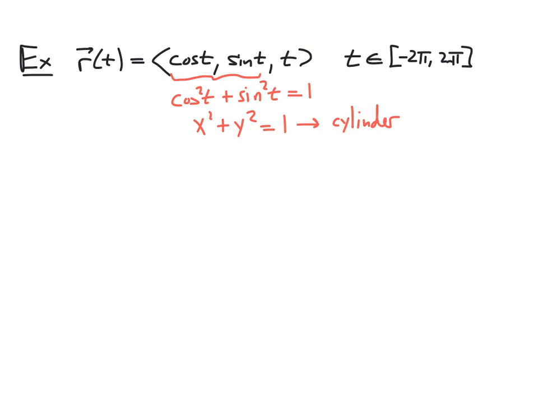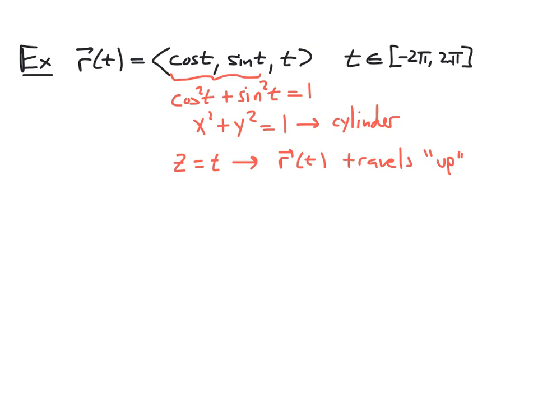And so the third coordinate, z equals t, what this tells us is that as z increases, the vector r of t is going to "travel", I'm going to use this word in quotes but you know what I mean.